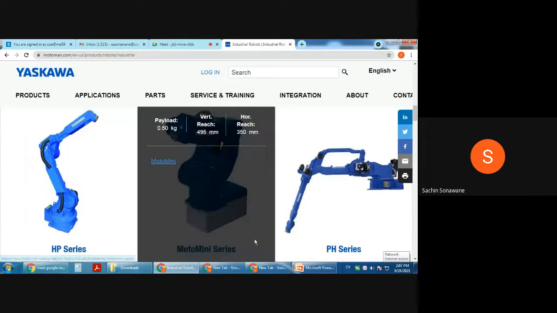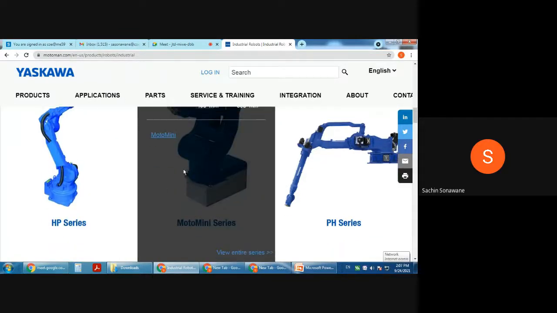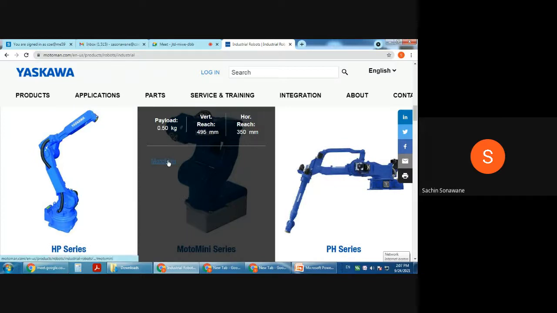Then next this HP series. HP20-80 payload 20 kg, vertical reach 3063 mm, horizontal reach 1717 mm. Then the Moto mini series, payload 0.5 kg, vertical reach 495 mm, horizontal reach 350 mm.